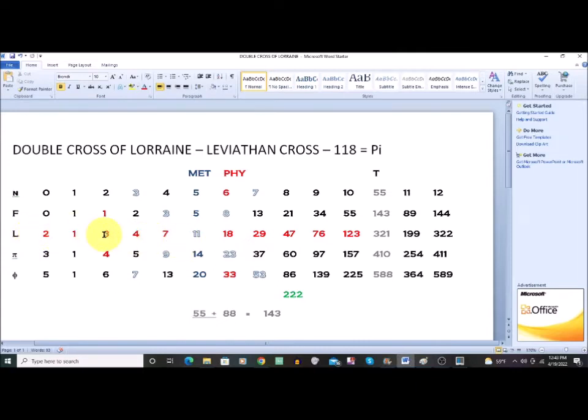I alluded to the fact that this is a 10-year cycle, except when we're dealing with pi. At 10 years, we're at half of pi. We're at a 180-degree flip, and so we need to do another 10 years, which is where we get the 20 years.